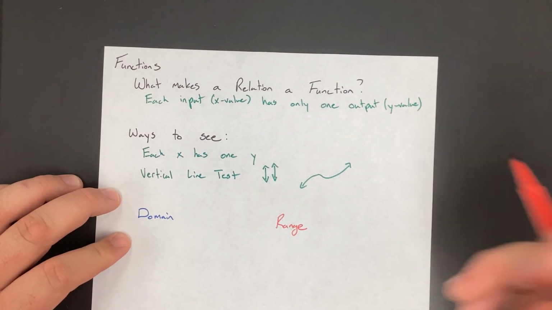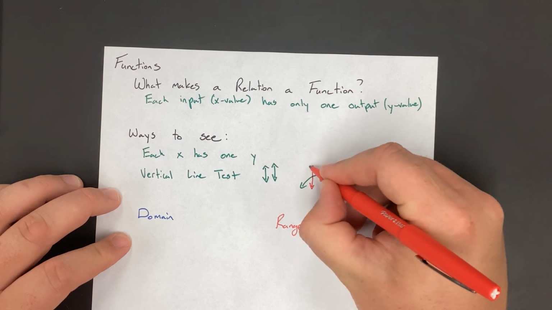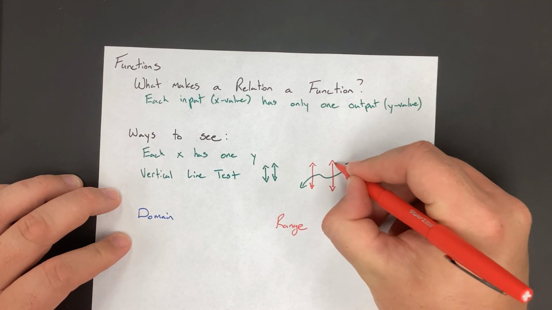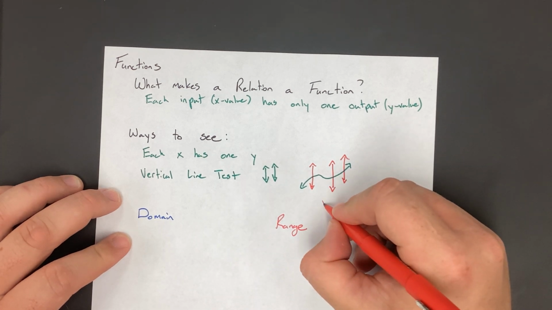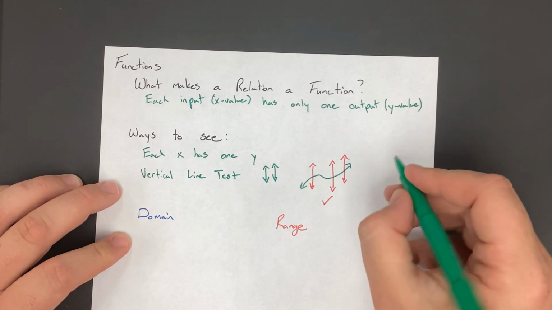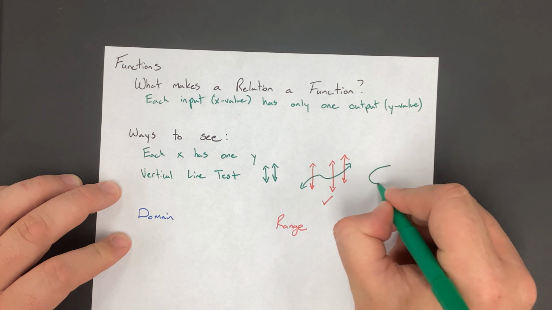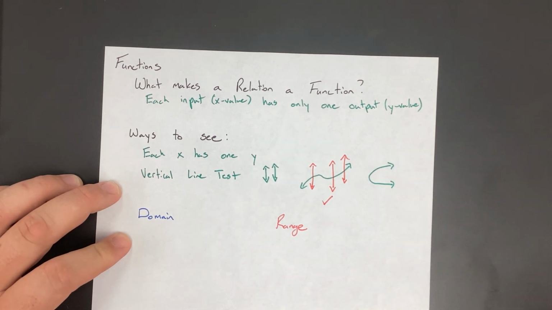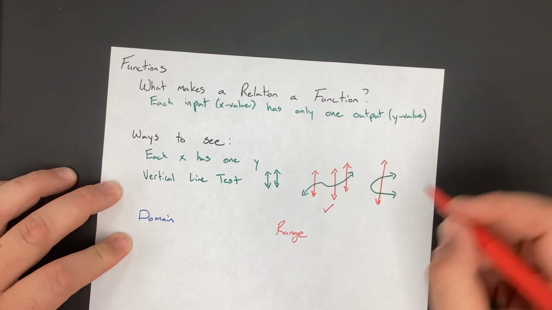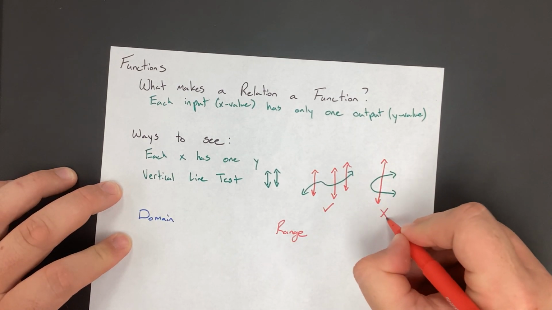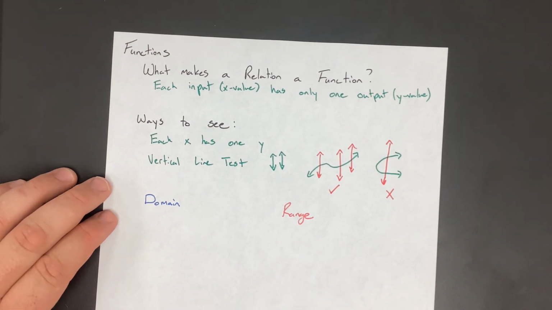And if I draw vertical lines through it, notice each vertical line I draw is only going to intersect it one time. So we know that that would be a function. If we have something that looks like this, and I were to draw a vertical line through it, well, that vertical line intersects that graph relation twice, so we know it is not a function.